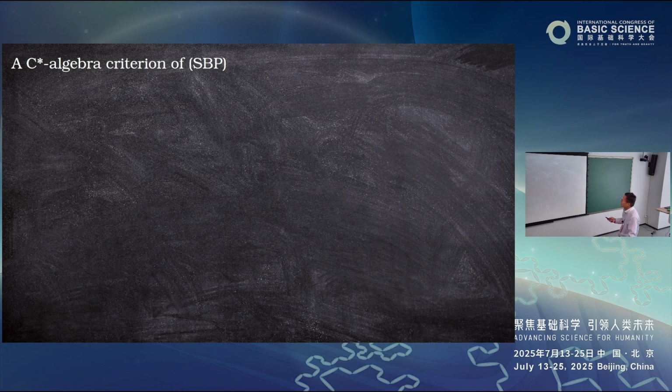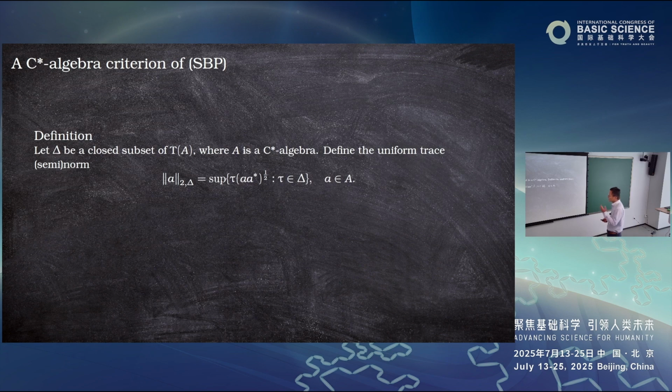So let's look at the small boundary property, and let's have a C-star algebra criterion of this property as the following. Let's look at a C-star algebra, and a collection of traces. You can think we have a space X, and then some delta, a collection of probability measures.